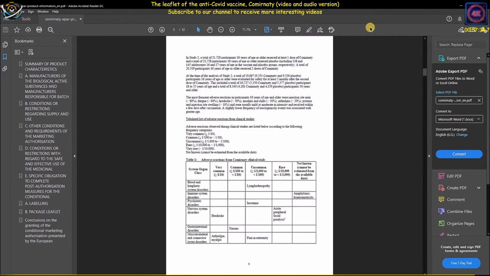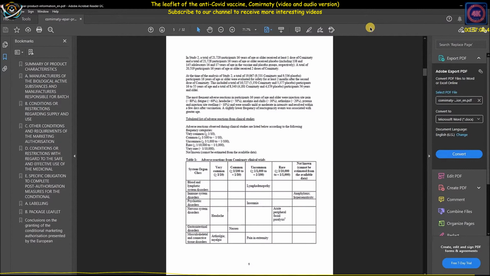In Study 2, a total of 21,720 participants 16 years of age or older received at least 1 dose of Comirnaty, and a total of 21,728 participants 16 years of age or older received placebo, including 138 and 145 adolescents 16 and 17 years of age in the vaccine and placebo groups, respectively. A total of 20,519 participants 16 years of age or older received 2 doses of Comirnaty.